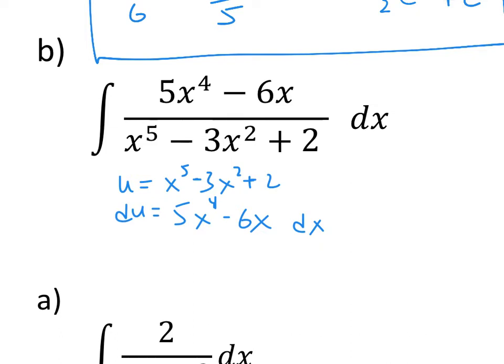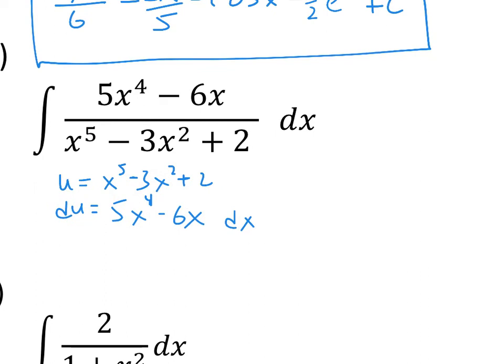So this is going to be equivalent to 1 over u. So here's our du here. And then we have u on the bottom. So this is equivalent to 1 over u du. And that's easy to do.